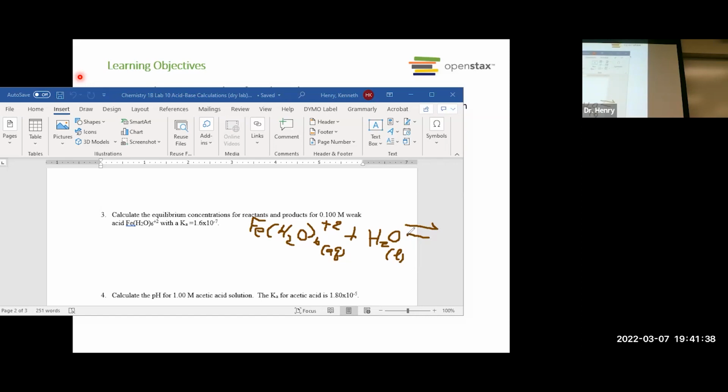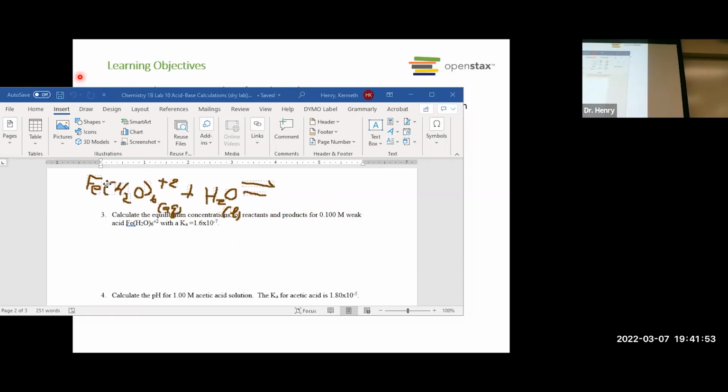And that's going to be important here, especially when we're talking about weak stuff. Okay, so what's going to be the products? What happens to an acid? It donates what? It donates an H plus.